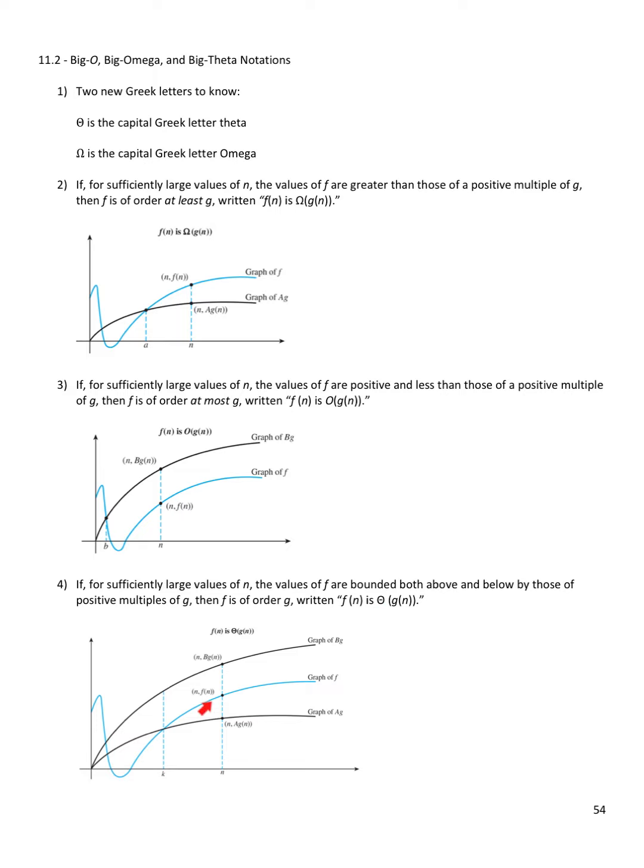So if you can sandwich f between two different multiples of another function g, then we say f is big theta of g. Okay, so those definitions are pretty abstract. So I think we should do some examples and use those notations and those words to just figure out what they're saying. So I want to use the big O, big omega, and big theta notations to express this statement.